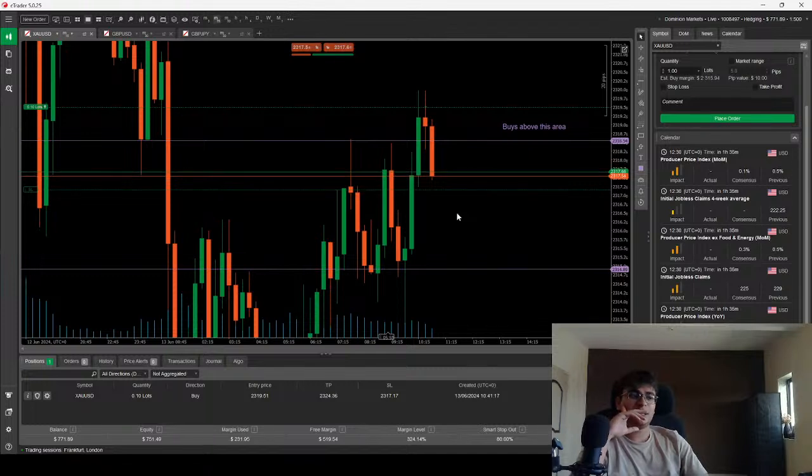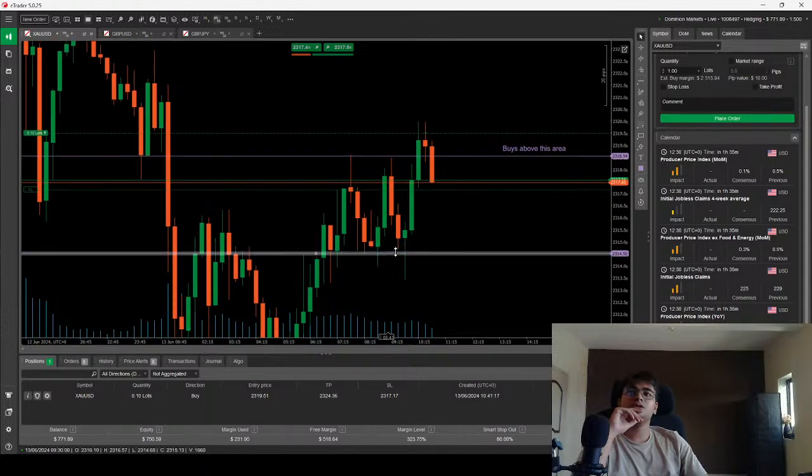Will we execute any sells? If I do, that will be overtrading for me because I already took two trades today, and I do not think taking more trades will solve anything. Looking at this range at this point, I don't think I will be taking any sells here.